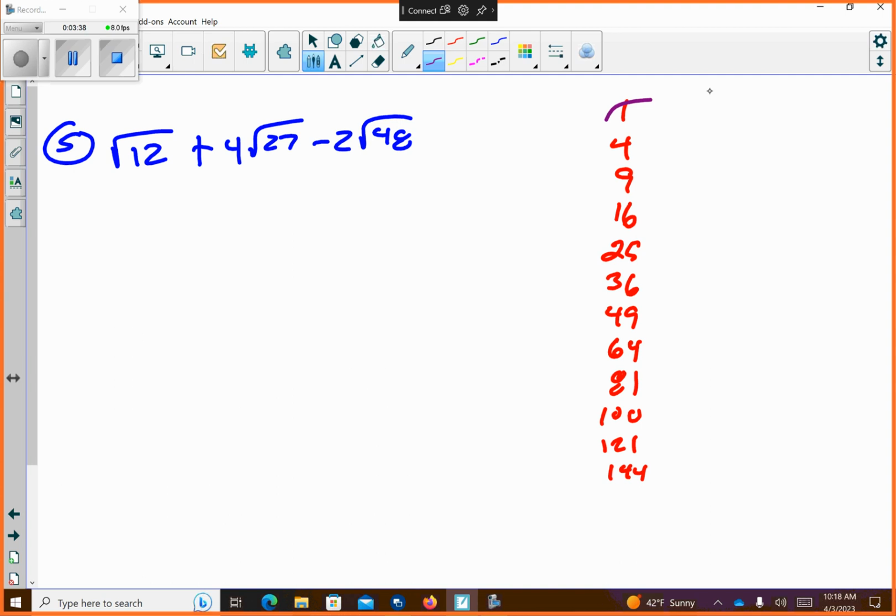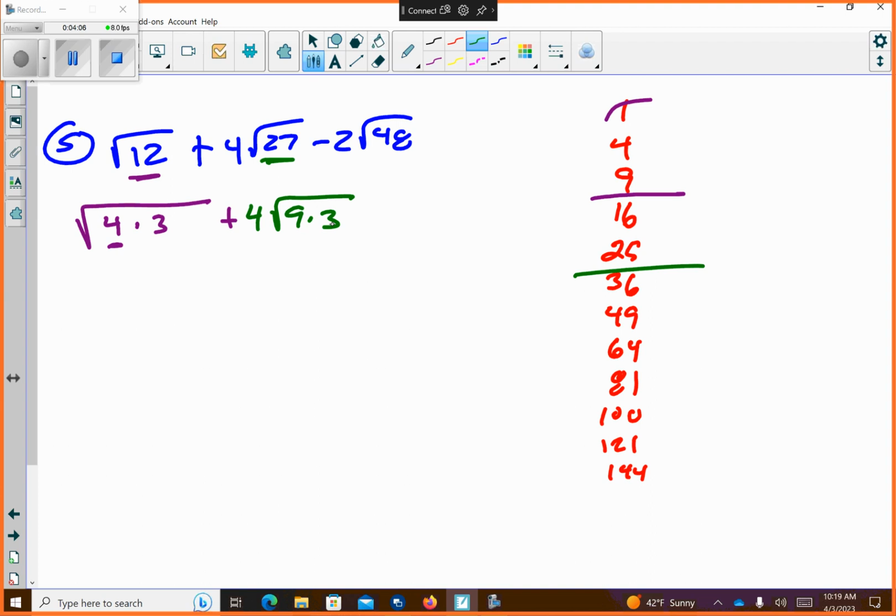All right, so let's take care of the 12 first. 12 falls here. So what times what gives me 12 where one of the numbers is a perfect square? 4 and 3. Good. 4 is a perfect square. 27 falls here. Which numbers can I multiply together to get 27 where one of them is a perfect square? 9 and 3.